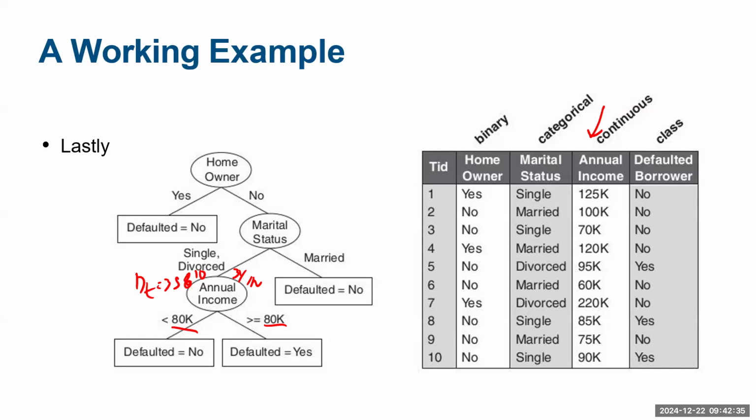Suppose I pick 80K, right? What is the DT for the one that is less than 80K? So I look at 3, 5, 8, 10, and the one that is less than 80K is this one, which only has 3. And then the right one is going to have 5, 8, 10.